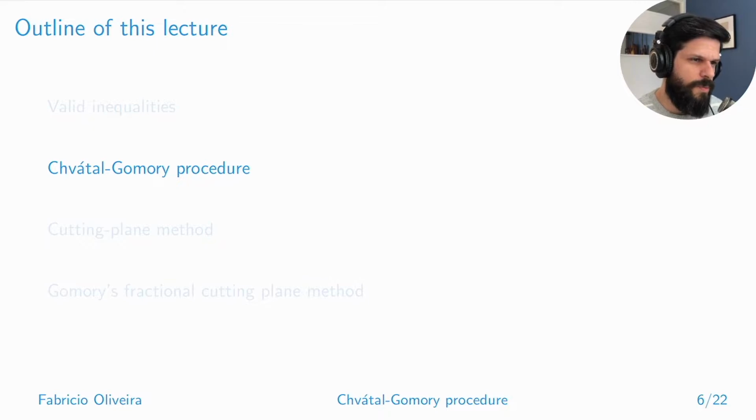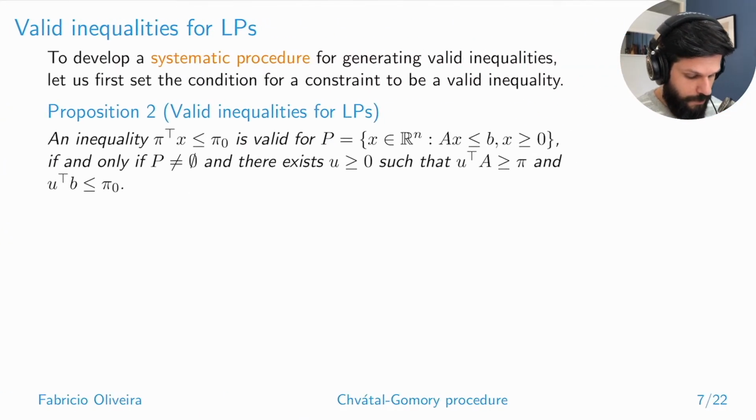So before we present the Chvátal-Gomory procedure, we need to understand two underlying concepts. The first one is this notion of valid inequalities, but for LPs instead. So we just saw a condition for which a constraint is said to be a valid inequality. But we were discussing valid inequalities for X, the set of integer points.